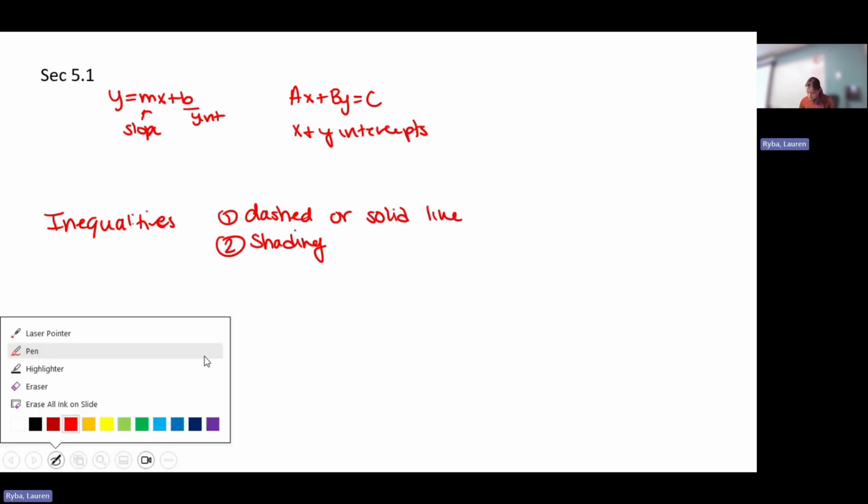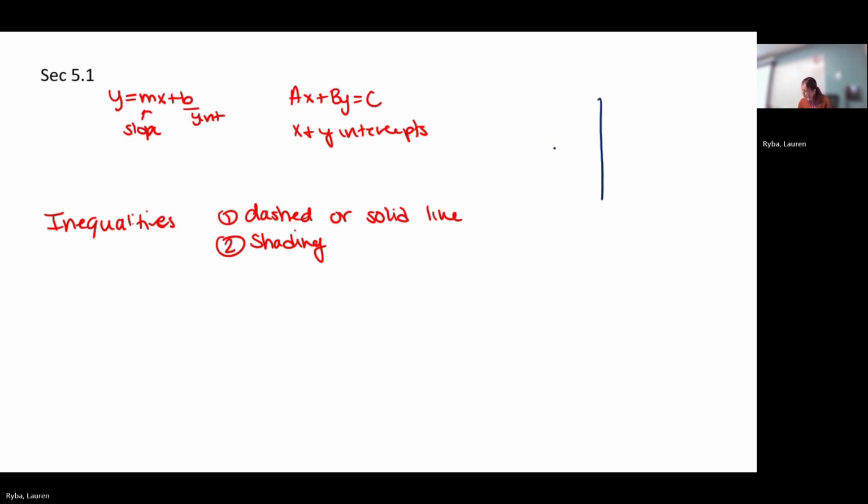So what I like to do is make just a little diagram here. These are our 4 inequality symbols. We have less than, greater than, less than or equal to, greater than or equal to. When you have just a less than or a greater than, that is going to be a dashed line.